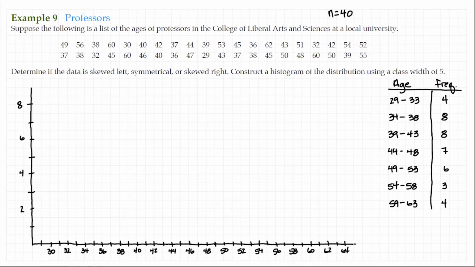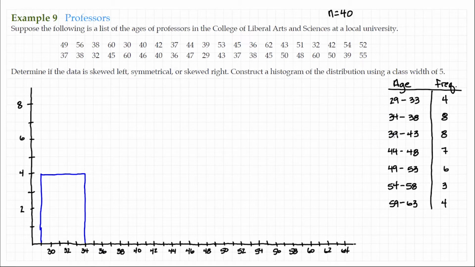And then we put in our bars. We use the lower class limits, 29 to 34. There were 4. And don't forget the bars are going to touch.